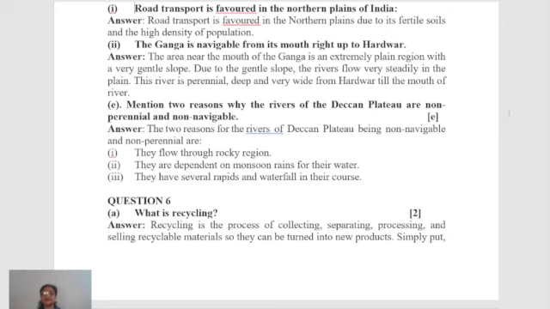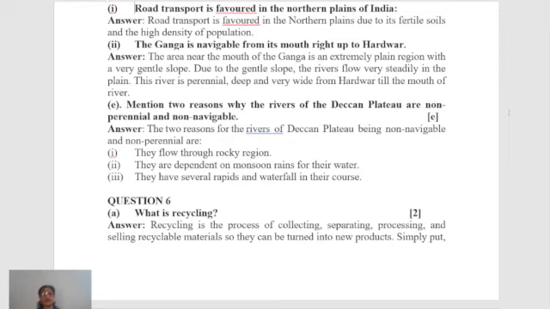Then next is Ganga is navigable from its mouth right up to Haridwar. The area near the mouth of Ganga, that is where it is joining the sea, is an extremely plain region with a very gentle slope. So, due to the gentle slope, the rivers flow very steadily in the plain. This river is, number one, it is perennial. Number two, it is deep and very wide from Haridwar till the mouth of river, you can say.